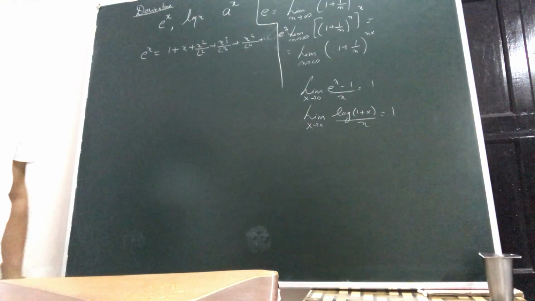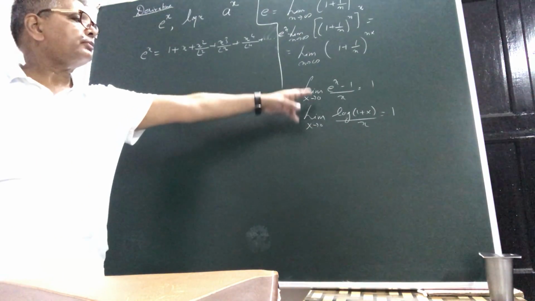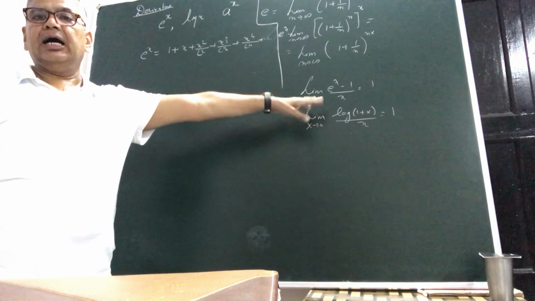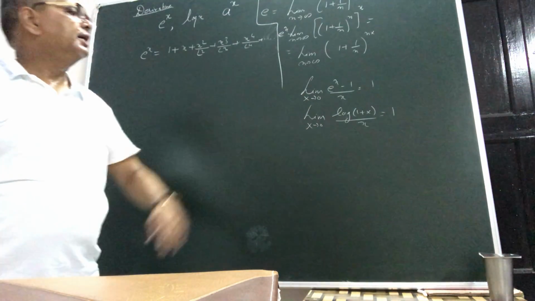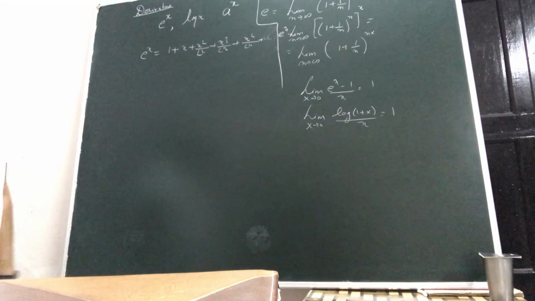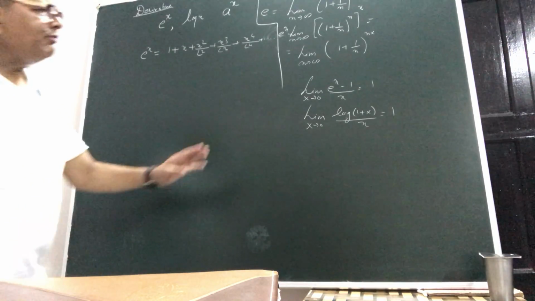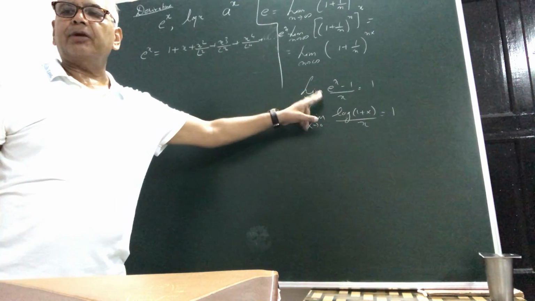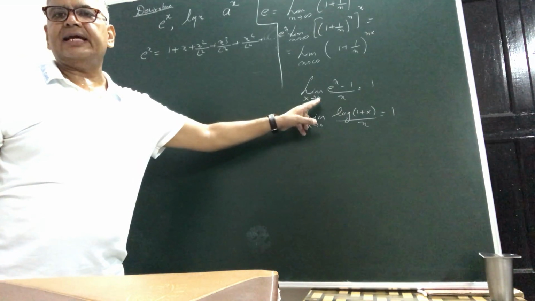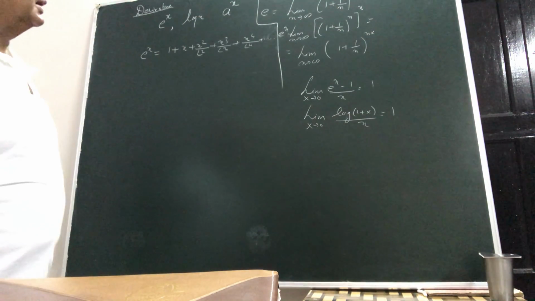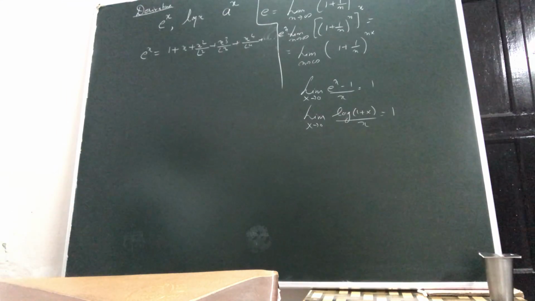These two limits you have learned without the actual proof of why these limits are equal to 1. I will tell you what precisely was the difficulty, why we are unable to give the exact proof of it, but notionally we did explain it to you.